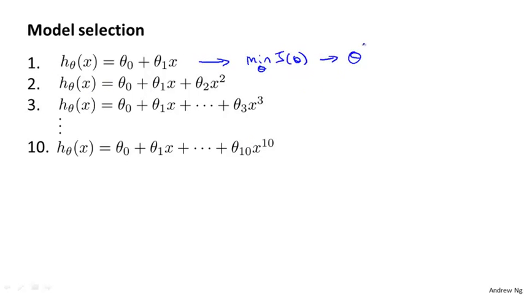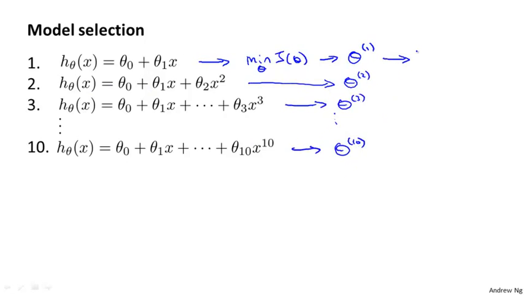And as before, I'm going to put a superscript 1 just to denote that this is the parameter for the linear model. We do the same thing for the quadratic model, get some parameter vector theta 2, get some parameter vector theta 3, and so on down to, say, the 10th order polynomial.